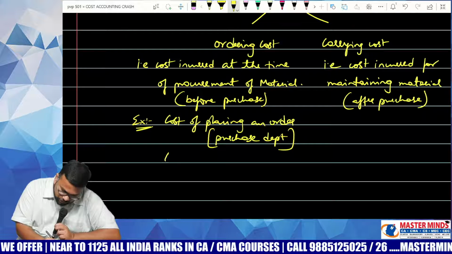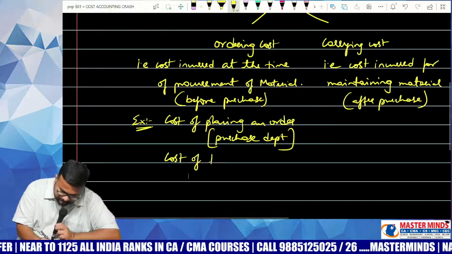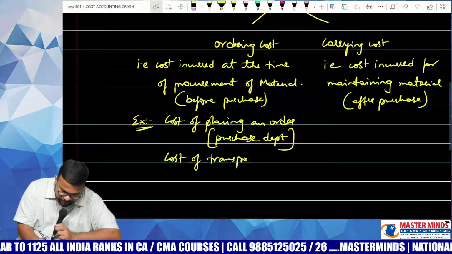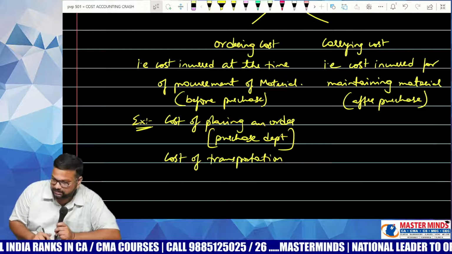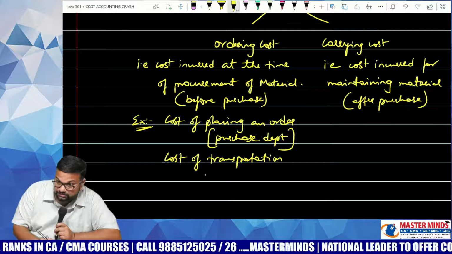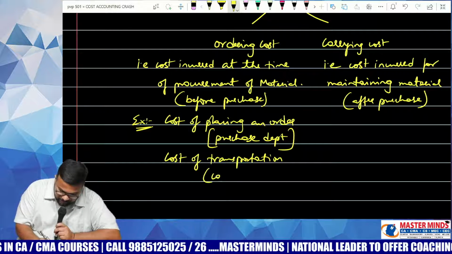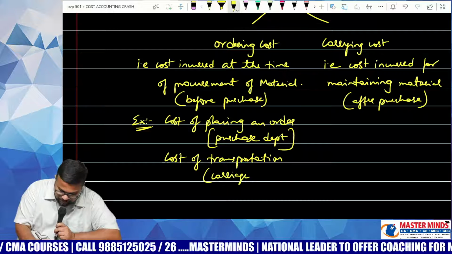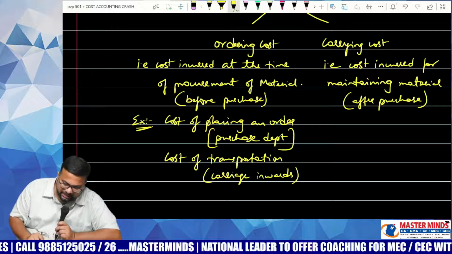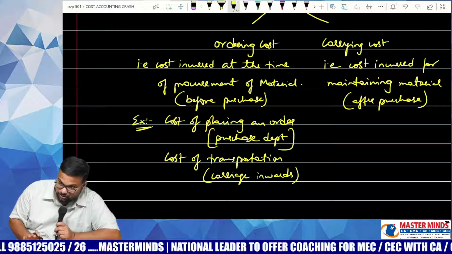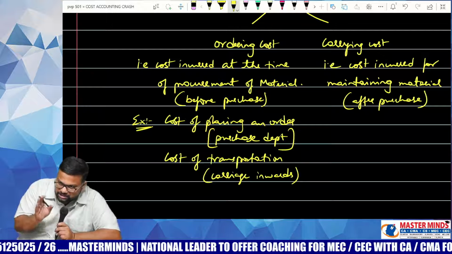Next, cost of transportation, that is carriage inwards. Okay, that is nothing but carriage inwards. Carriage inwards is incurred at the time of purchase or before purchase. Okay, ordering cost means whatever cost is incurred at the time of purchase.